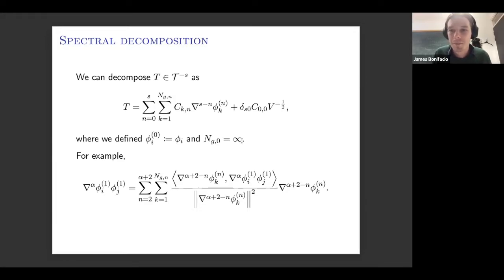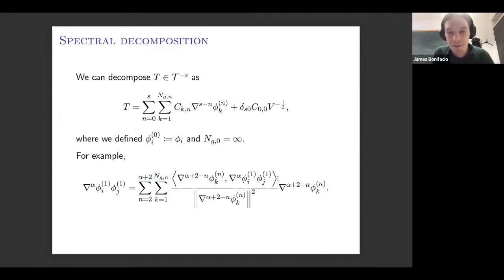So for example, if for some non-negative integer alpha, I consider the derivative of a holomorphic differential phi_i, and take the product with another holomorphic differential phi_j, I can expand this in terms of derivatives of holomorphic s differentials, where the rank s runs from 2 to alpha plus 2.